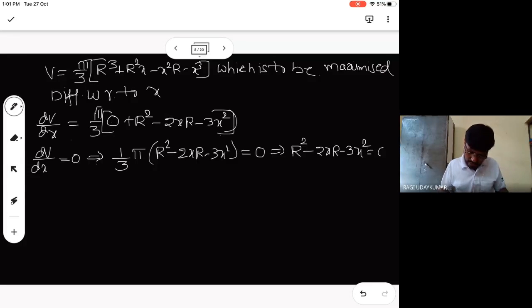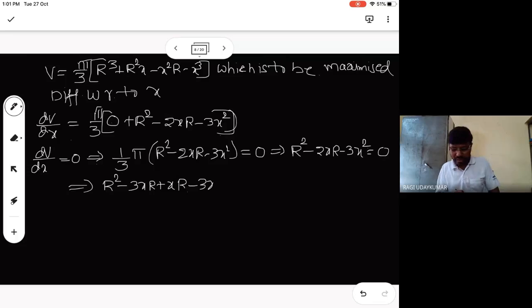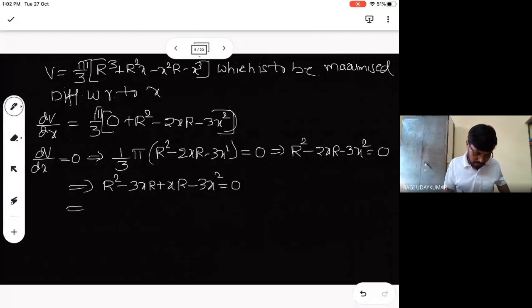This is just like a quadratic equation. 3 ones are 3. To factorize, you can split like this: minus 3XR plus XR minus 3X square. Factorization to find the X value, or you can use the quadratic equation formula also. From this you can take R common, R minus 3X, plus X common, R minus 3X.